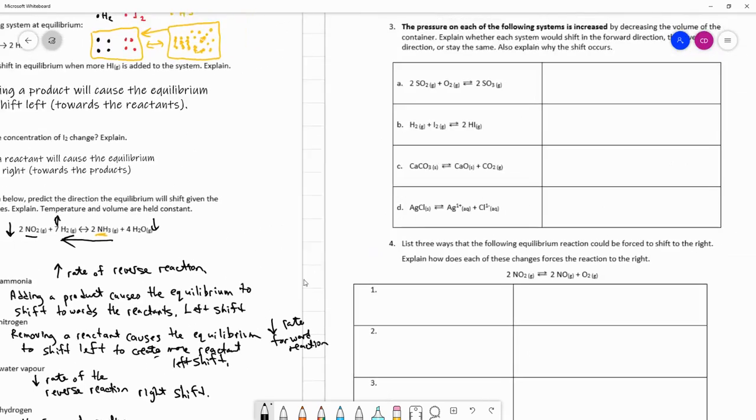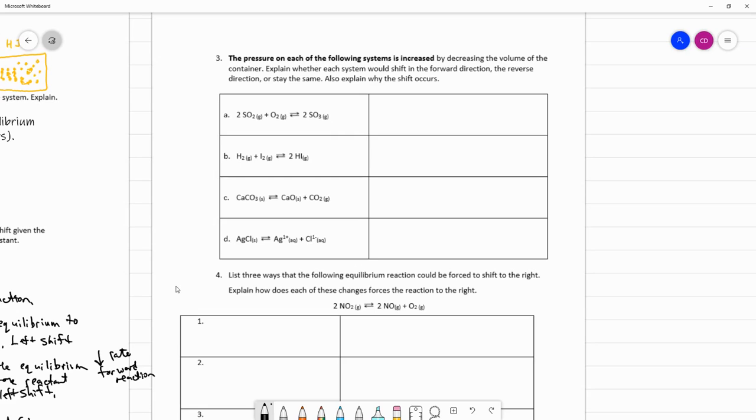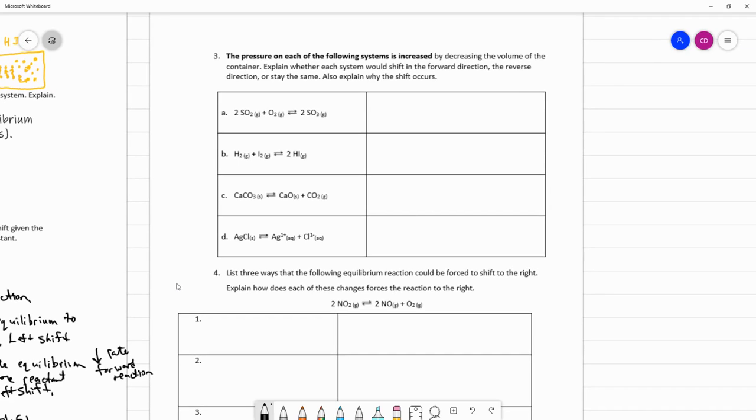Okay, let's move on to number 3. So we are told here that the pressure on each of the following systems is increased, so by decreasing the volume. Remember, if we decrease the volume, that will lead to an increase in pressure. If we have a container that has, let's just say, 5 or 6 molecules of gas in it, it's going to have some pressure.